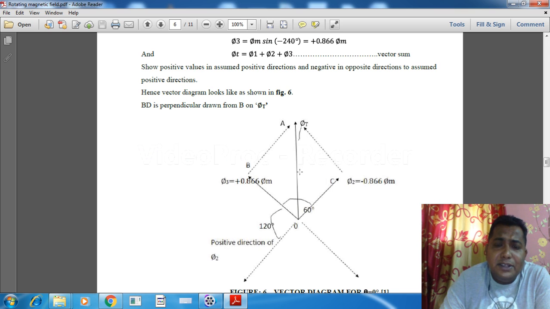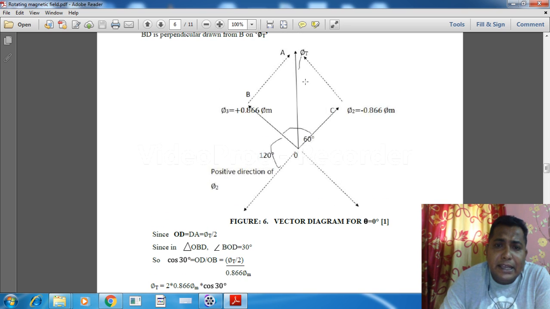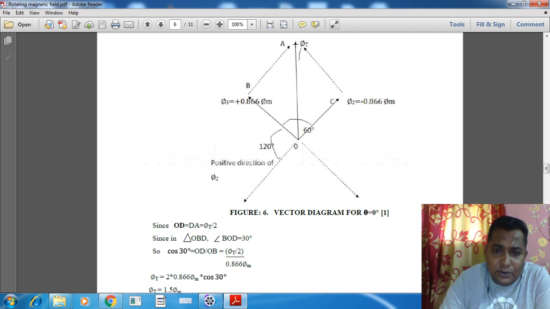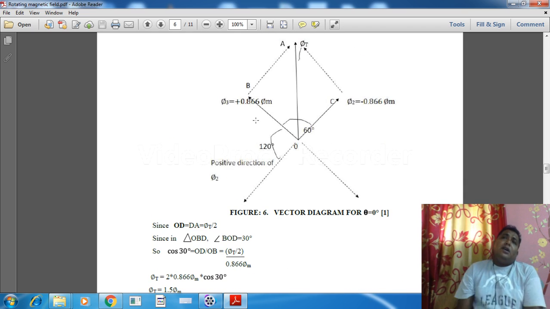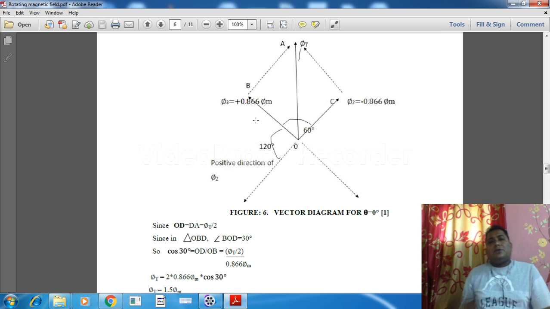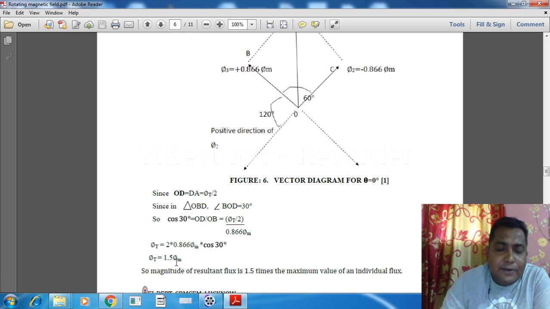What is the value of this resultant? If we make the geometry over here, from the geometry we have done in the three-phase chapter, we can solve this one. The value is 1.5 phi m. Follow my pointer, it is showing that this is 1.5 phi m.